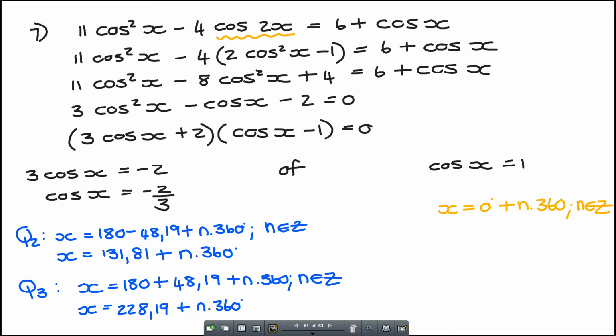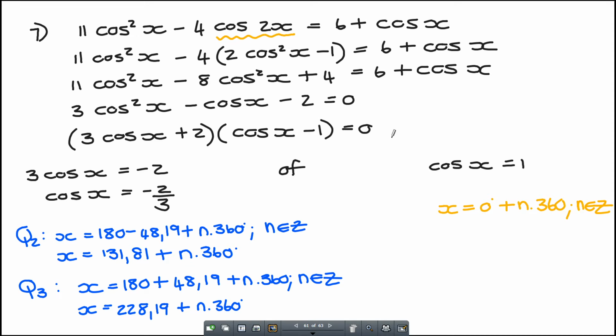Right, there's number 7. So you'll see that cos 2x, I changed to 2 cos squared x minus 1. Then I had to go and multiply in the minus 4, and that's how I got this, the minus 8 cos squared x plus 4. Now take everything to the one side, make it equal to 0, and then it actually forms a trinomial.